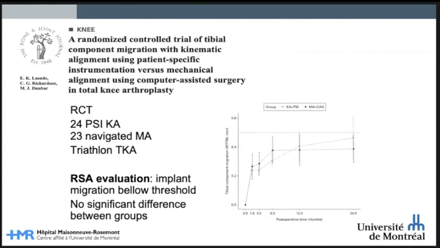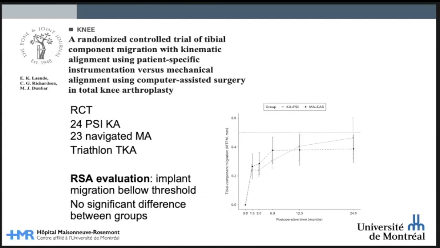If we look at a recently published study using a very high-precision tool to assess implant survivorship, using a randomized controlled trial and RSA evaluation to estimate implant survivorship in the long term, the group of Dunbar in Halifax showed that the KA knee and MA knee did not present a difference in their migration after 2 years, and their migration was below the threshold for both groups.